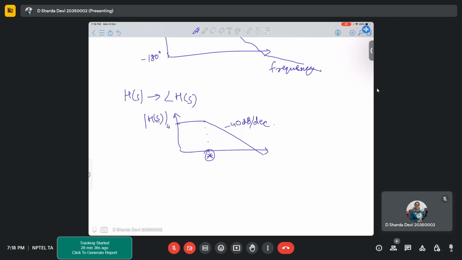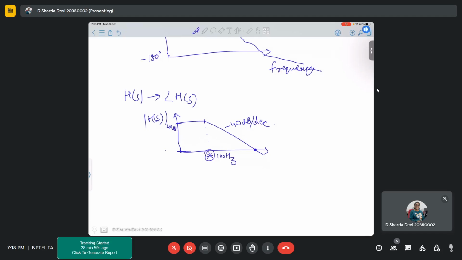Here, let's say the gain was 40 dB. You encountered your poles at 100 hertz.